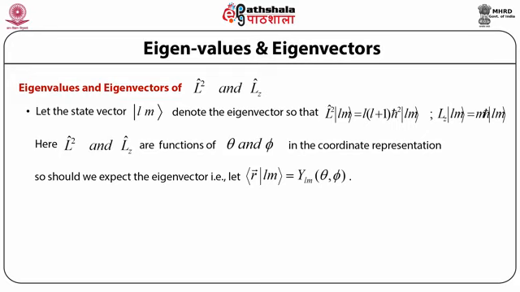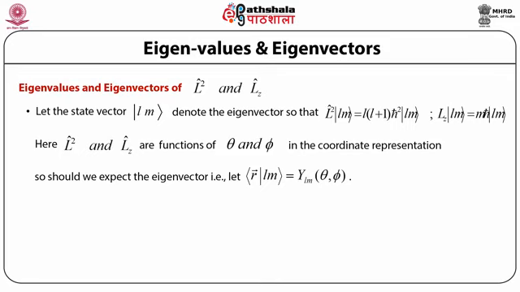Here one can see that the operators L² and Lz are both functions of the angles theta and phi in the coordinate representation, that is the spherical polar coordinate system. Because both operators are functions of theta and phi, we can expect the eigenvectors to be spherical harmonics.